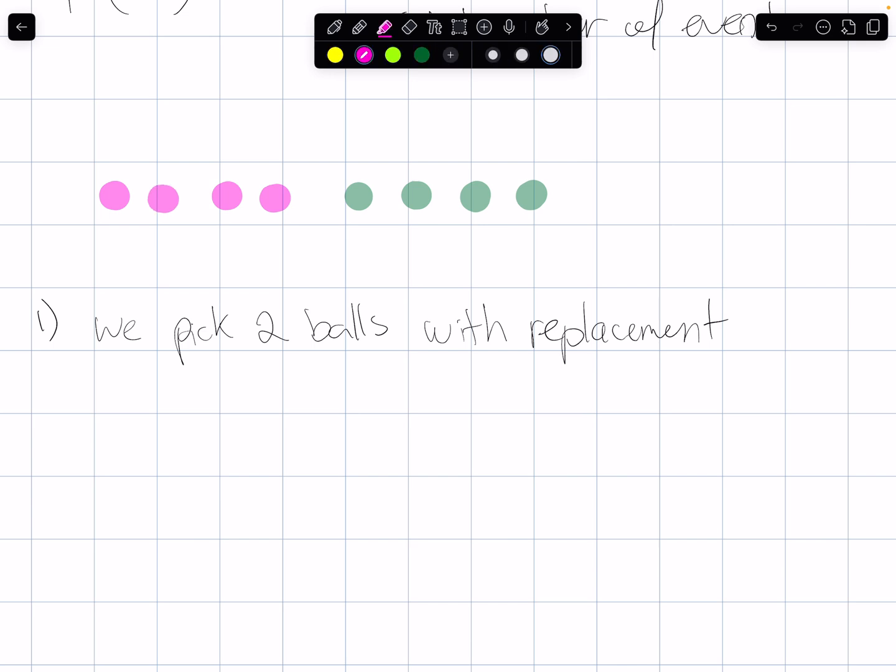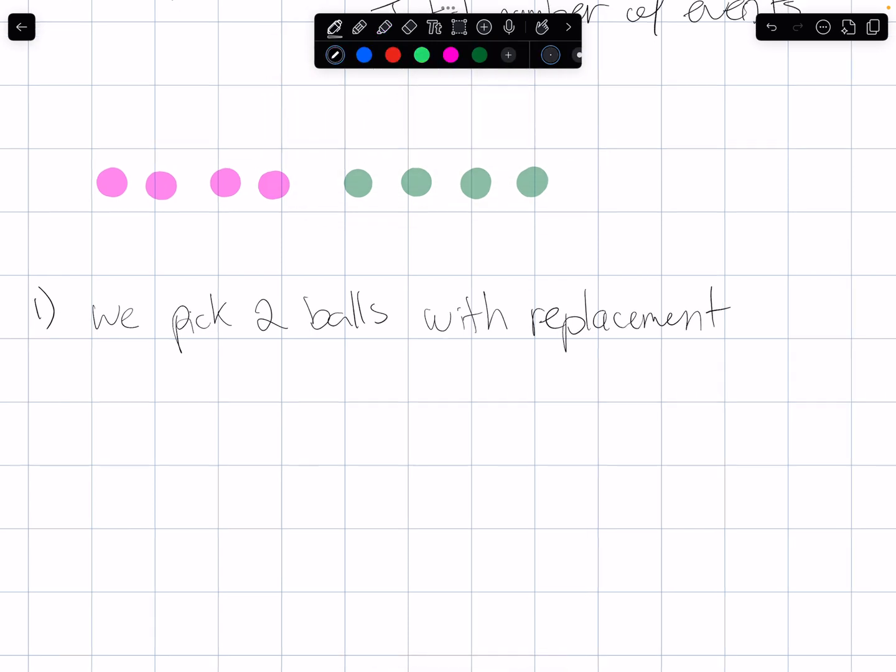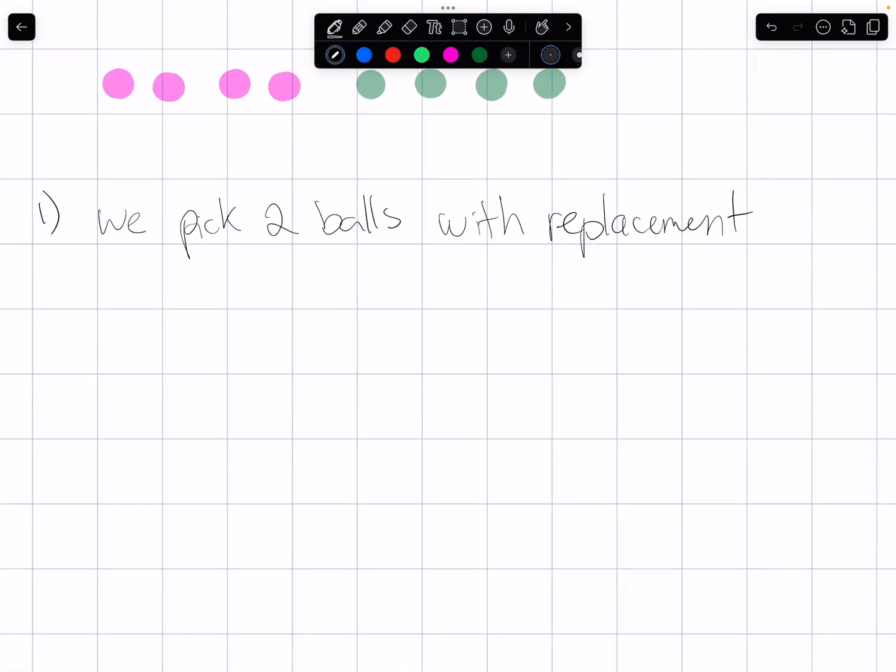We can understand this better using what's called a tree diagram. If I pick a ball, I can either pick a pink ball or a green ball.